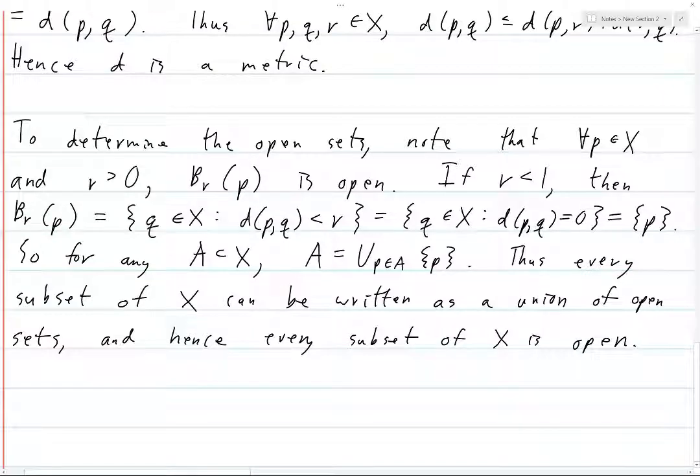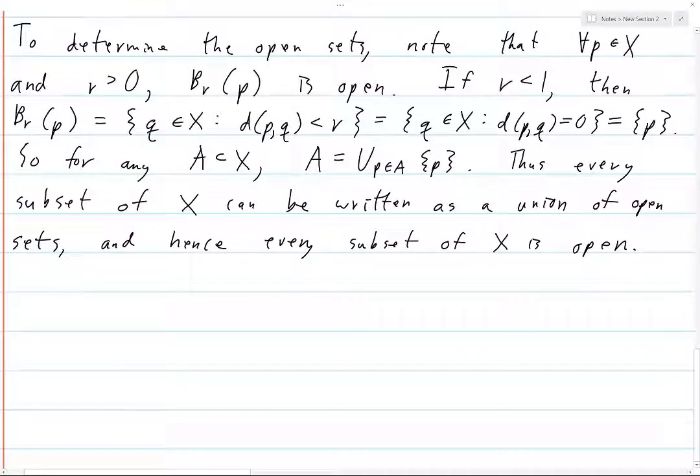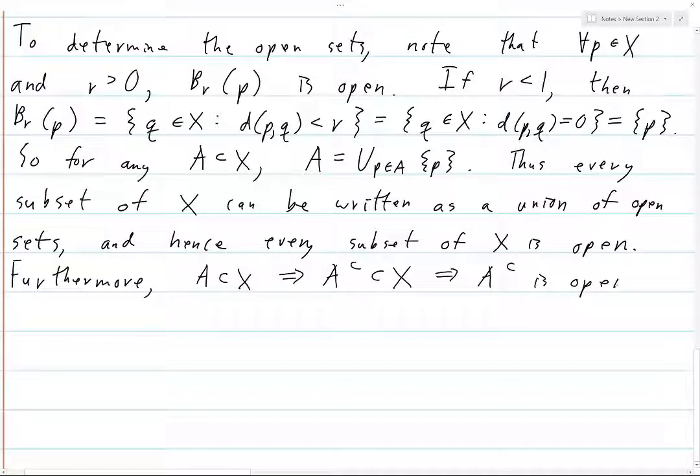So furthermore, if we want to talk about closed sets, if A is a subset of X, then obviously A complement is a subset of X, which means that A complement is open because all subsets are open, which means that A, which is the complement of A complement, is closed.